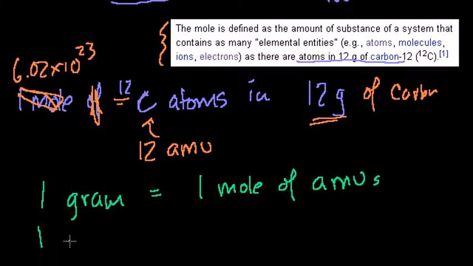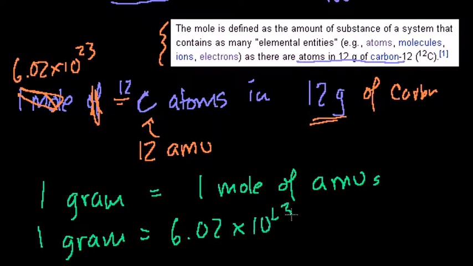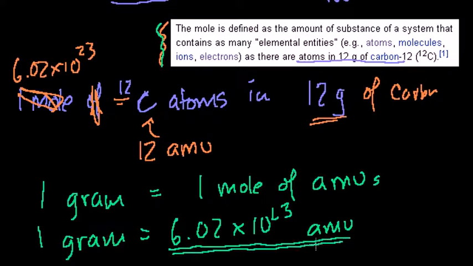Or you could write 1 gram is equal to 6.02 times 10 to the 23 atomic mass units. And the reason why this is useful, and it's kind of addressed in the Wikipedia definition, is it helps us translate between the atomic world, where we deal with atomic mass units, and our everyday world, where we deal in grams.